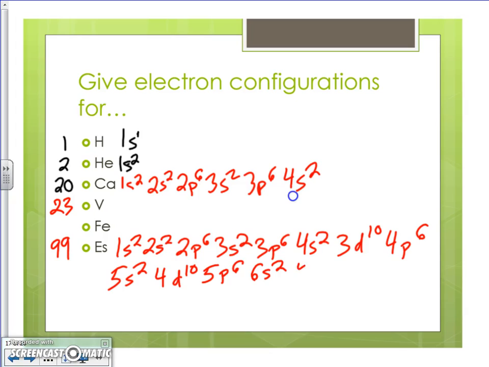So F block is now 4f14. I'm still not to 99. Got to keep going here. So after I fill the 4f14, now I'm back to the, got to think, 5d10.